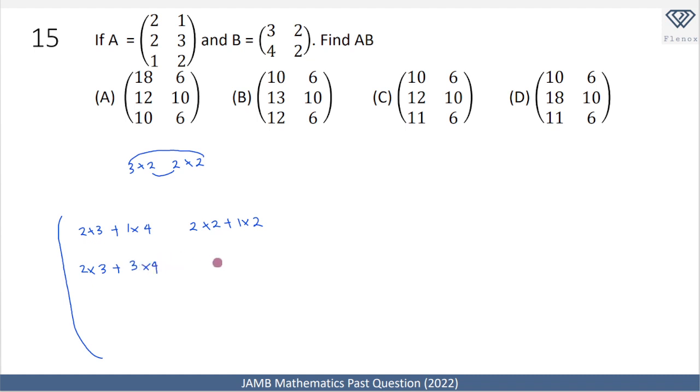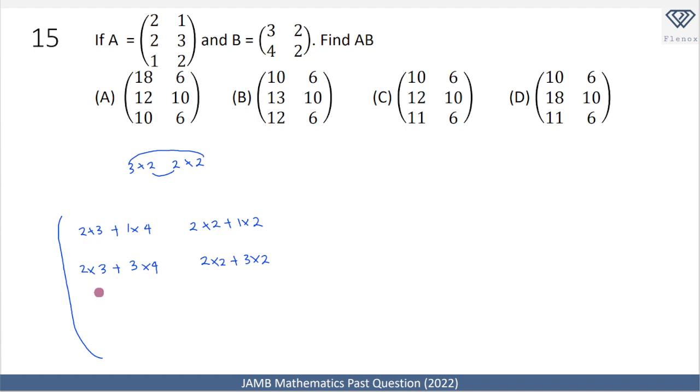I'm going to do that also for the next cell. This is now going to be 2 times 2 plus 3 times 2, which is this 2 times this 2 plus this 3 times this 2. And the next one is going to be 1 times 3 plus this 2 times this 4.